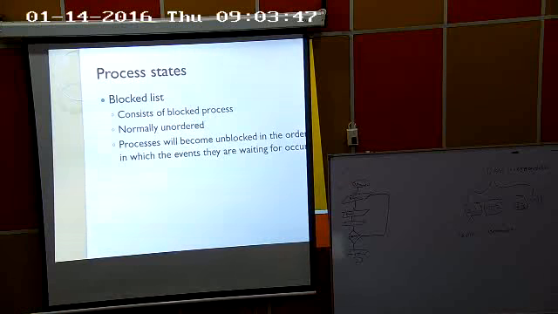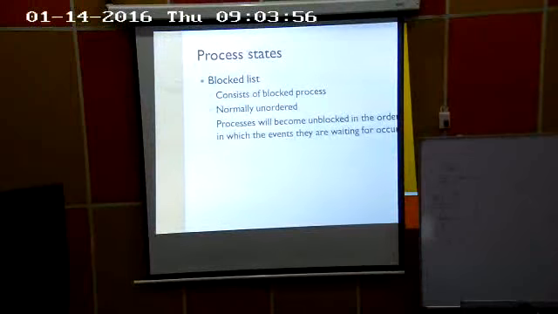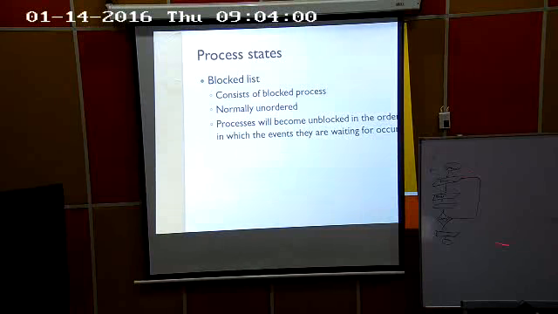Why does block happen? Because in the concept of OS, job 1 occupies everything in the memory, so the other job needs to wait.